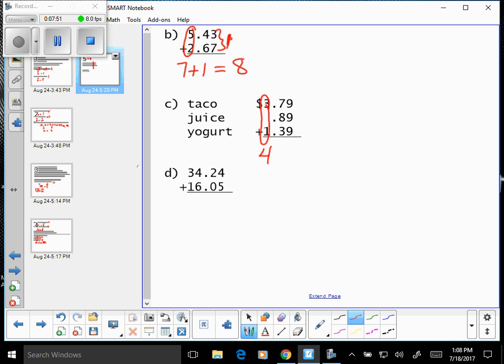Now, I can maneuver numbers around if you remember the idea that you can use commutativity when you add and move numbers around. When I look at this particular grouping of numbers, I see that this 79 and this 39 together make about $1. This 89 is also going to be about $1.